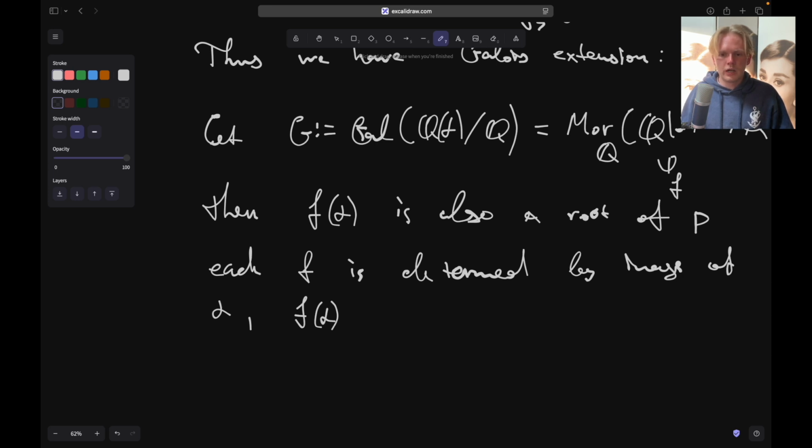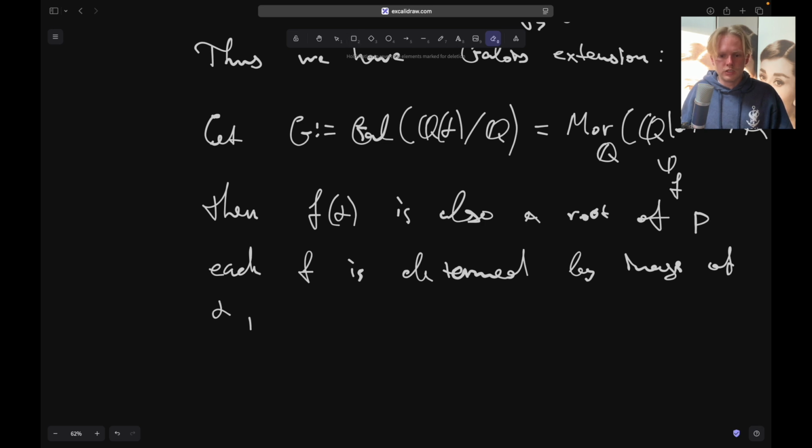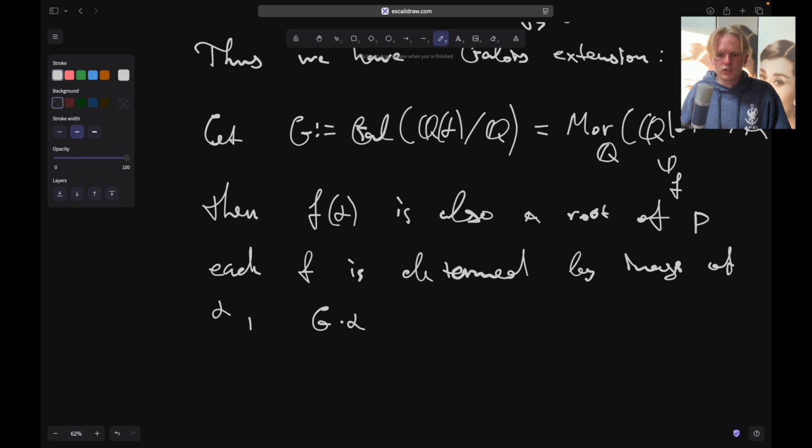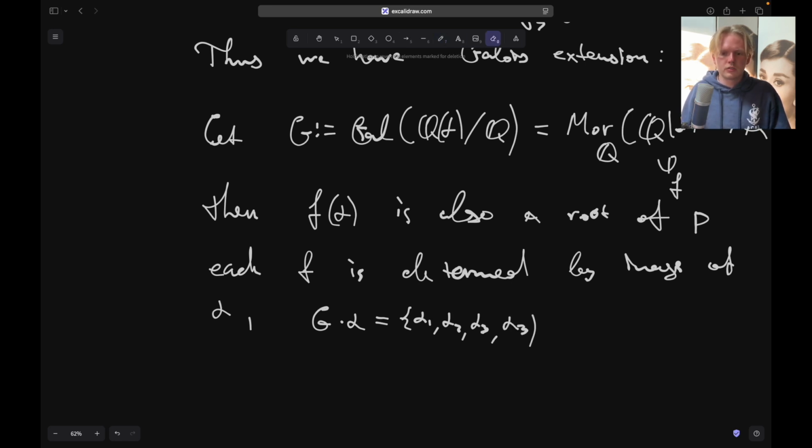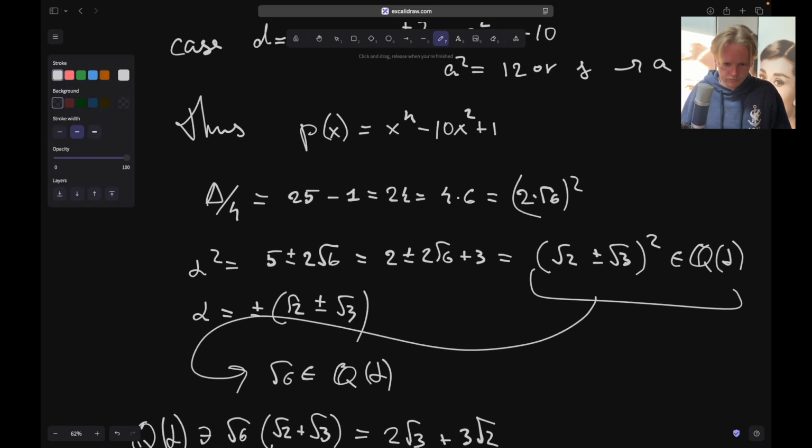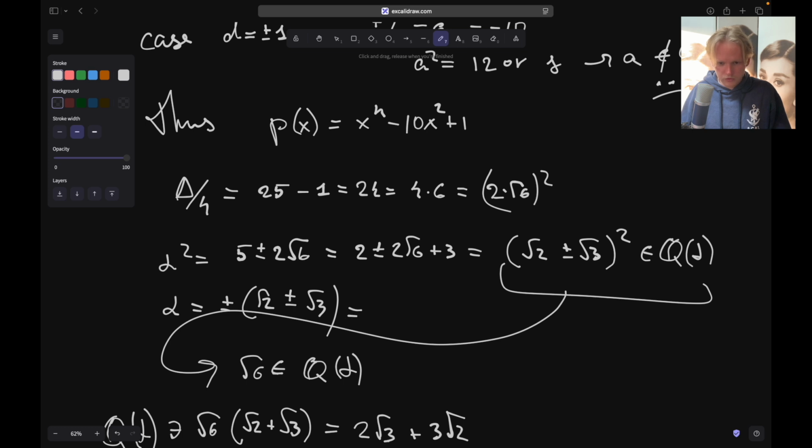actually the way to write it probably is to write G times alpha is the following set of roots, where those roots we've seen earlier.